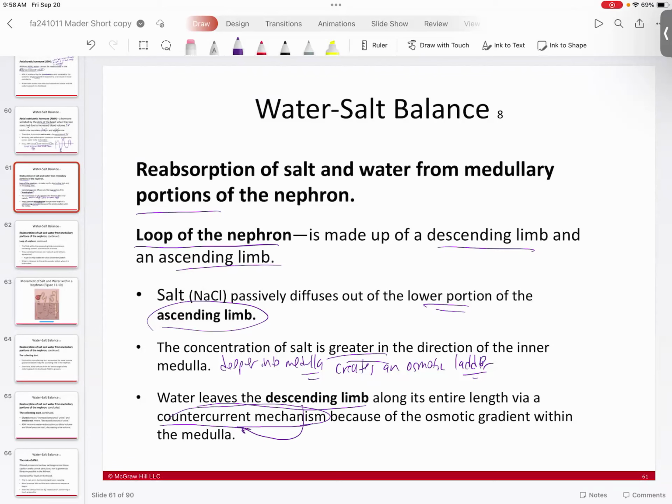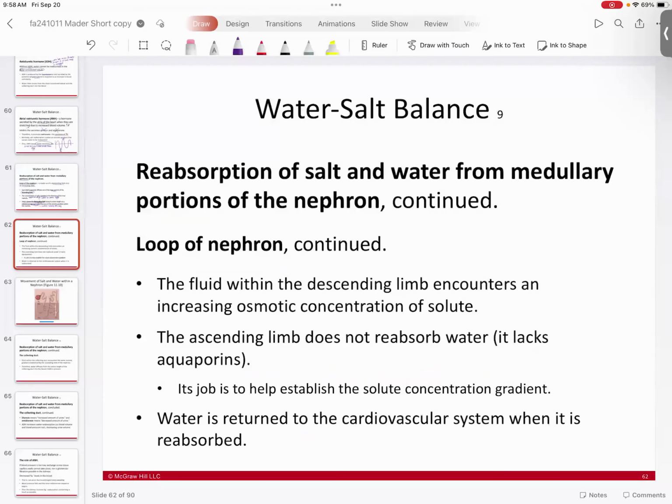The countercurrent system increases exchange efficiency. So fluid within the descending limb encounters this increasing osmotic concentration as it goes further down, and that's the way water leaves.